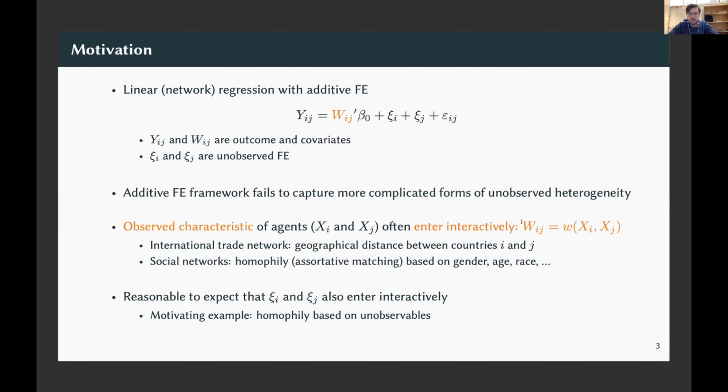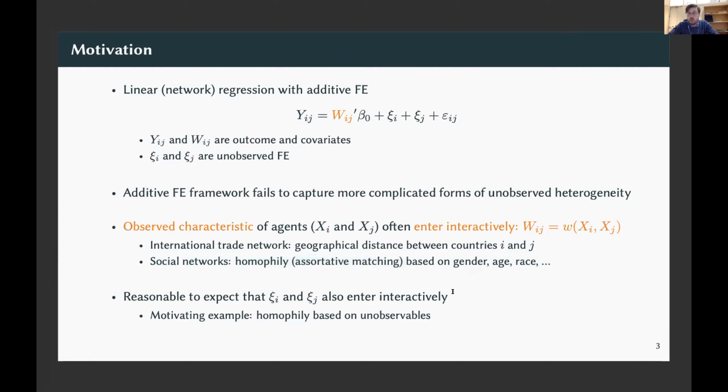By this, I mean that Wij, the vector of pair-specific covariates, is often a non-additive function of agents' observed characteristics. For example, geographical distance between countries i and j is clearly not an additive function of their geographic coordinates. Or in the context of social networks, you might think of homophily or assortative matching based on agent socioeconomic characteristics such as gender, age, race, and so on.